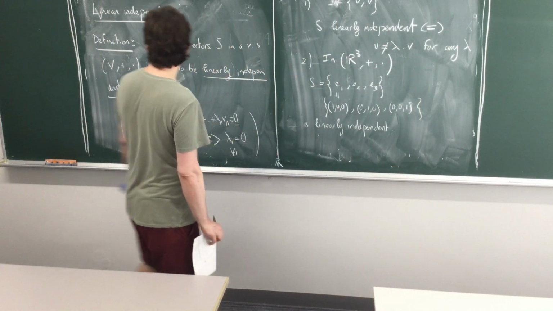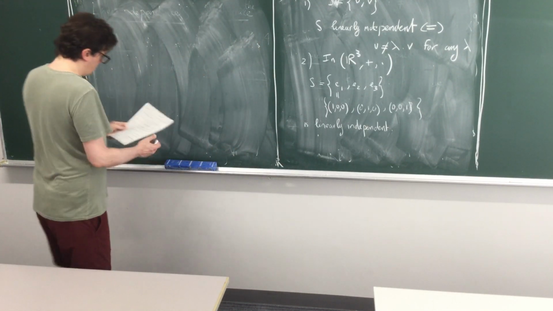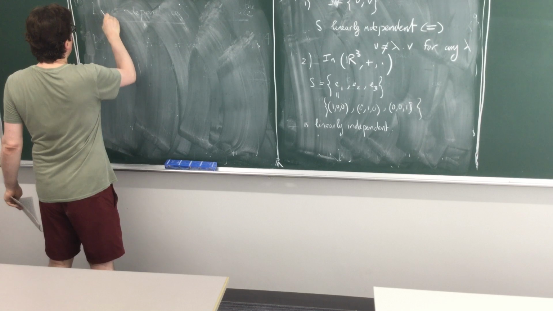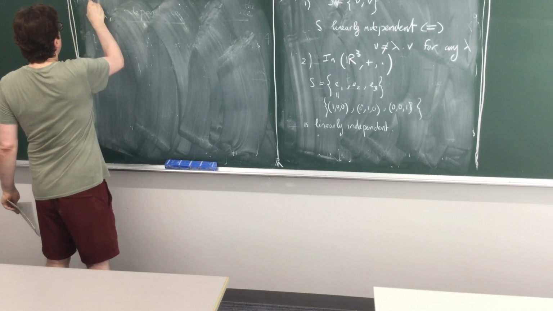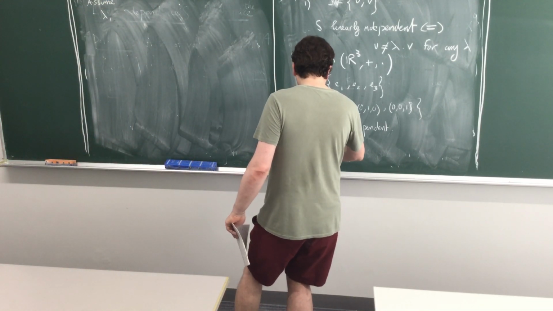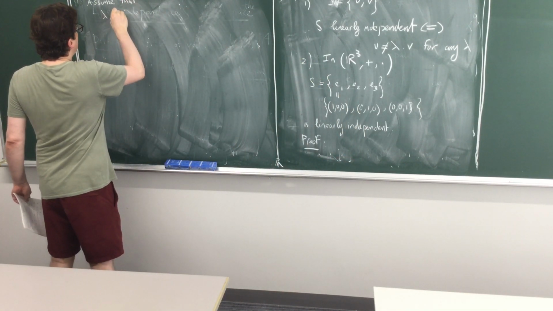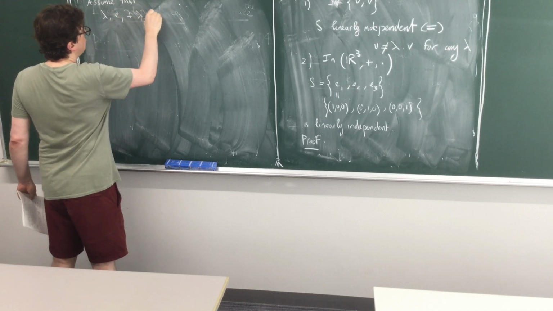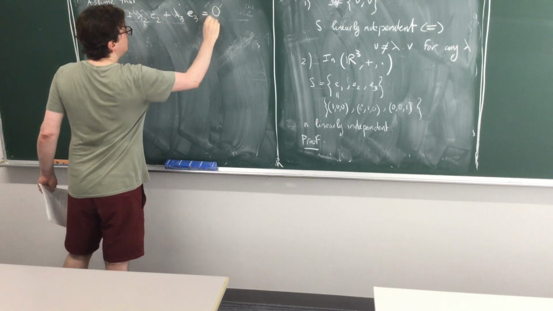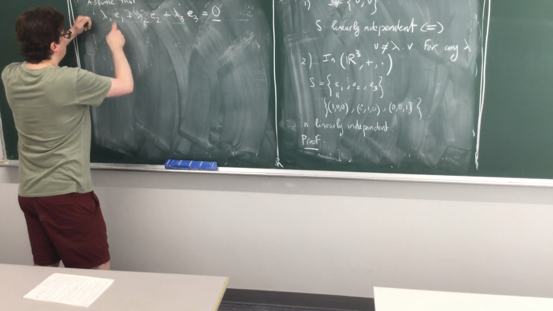Why is that? Here I'm doing the proof. Assume that we have a linear combination lambda_1 E1 plus lambda_2 E2 plus lambda_3 E3, and assume that it is the zero vector. Then what can we conclude?